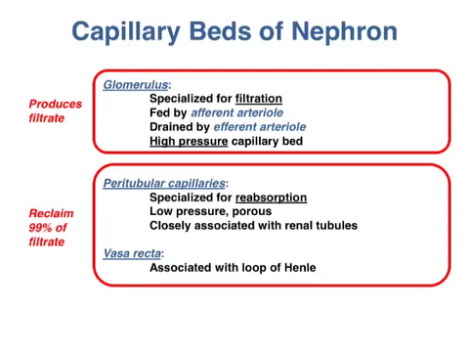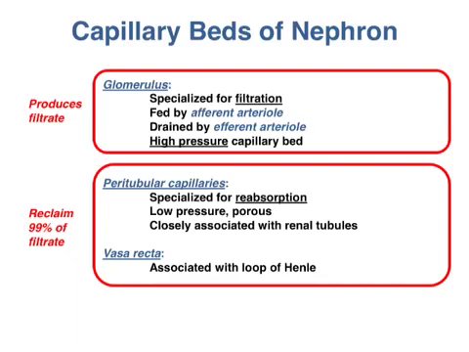So when we're talking about the vasculature around the nephron, we really have to consider the glomerulus and the peritubular capillaries and vasa recta separately. They are very different types of capillaries. The glomerulus is specialized for glomerular filtration. It's highly pressurized in order to push plasma out of the capillary into the nephron.